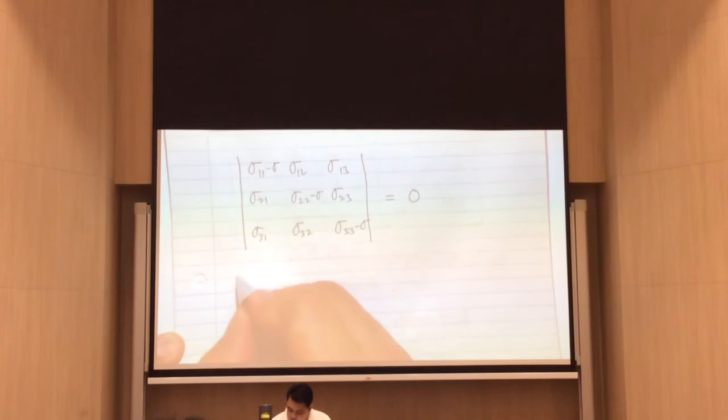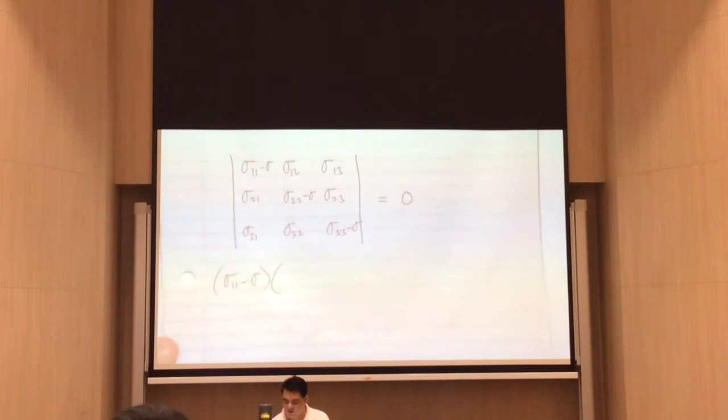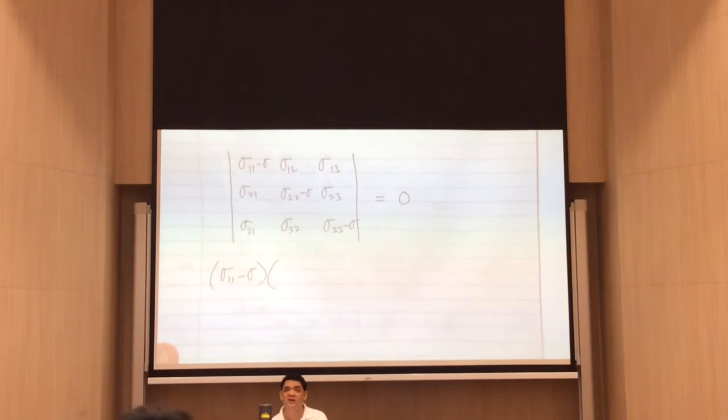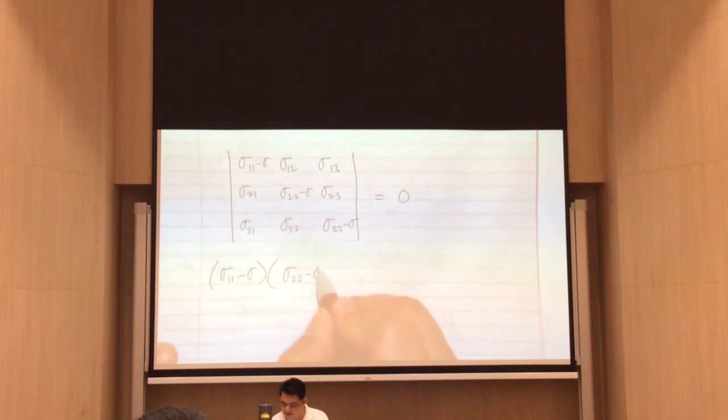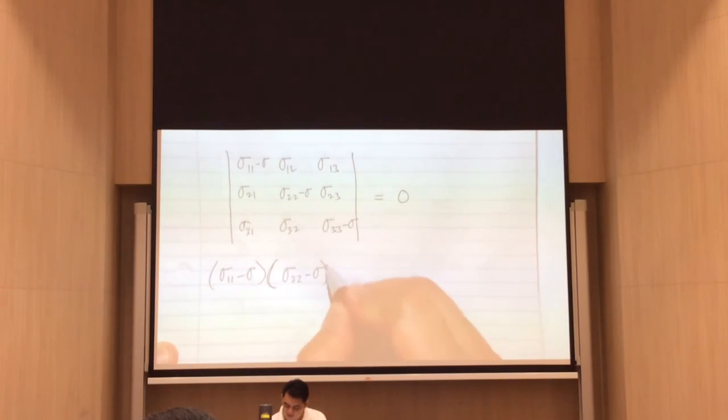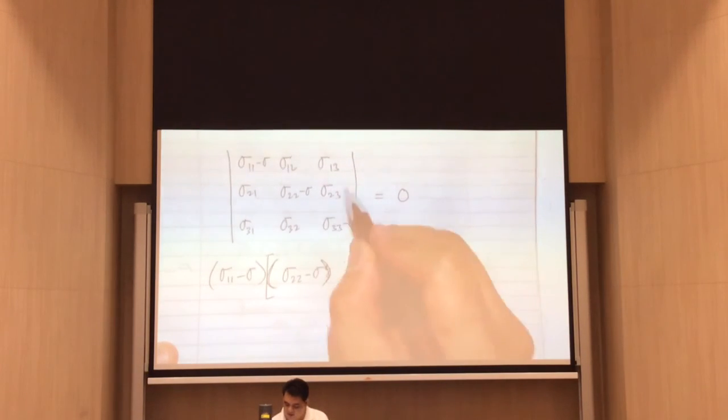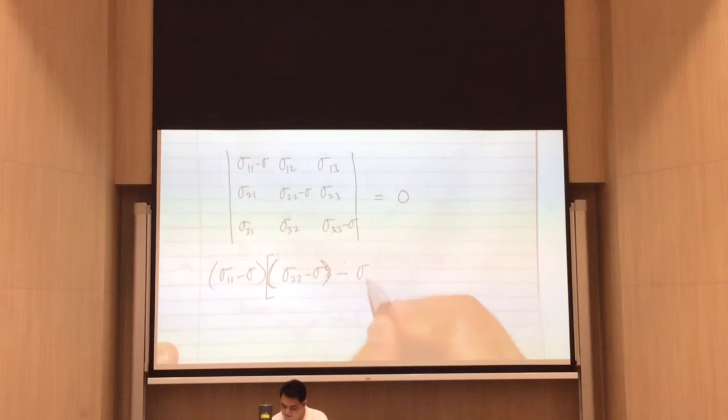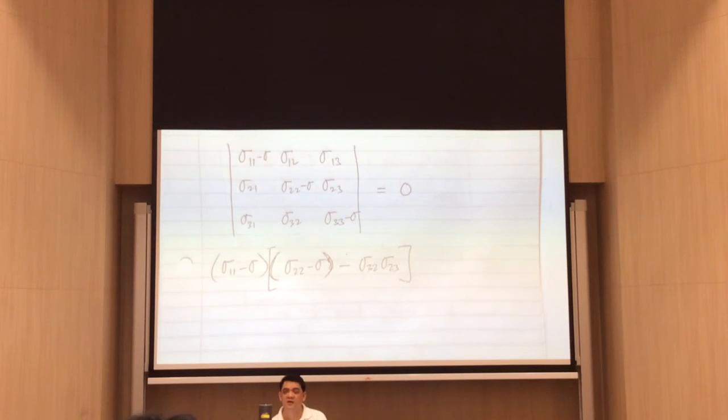Let's take this one here, sigma 1. So what's the determinant of this one? What's the value here? This minus this, yes? Sigma 2, 2 minus sigma. This minus that. Yes, that's your first value.